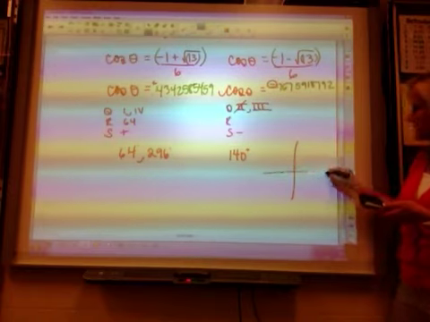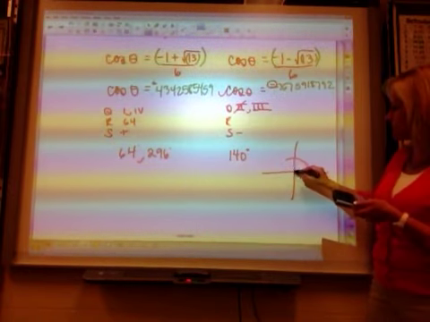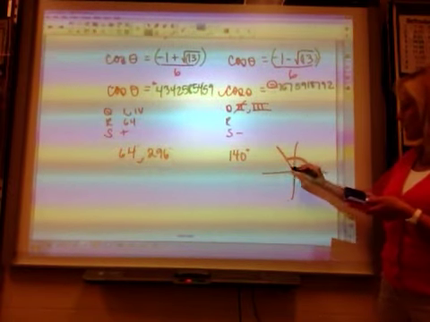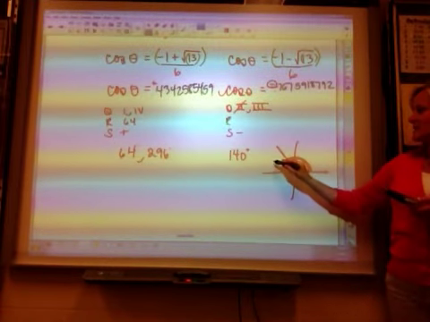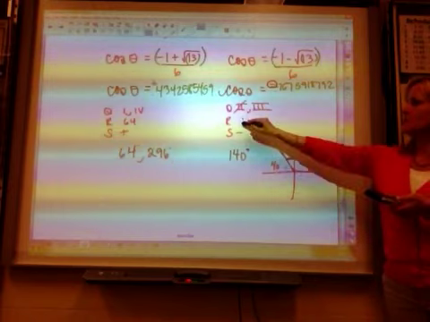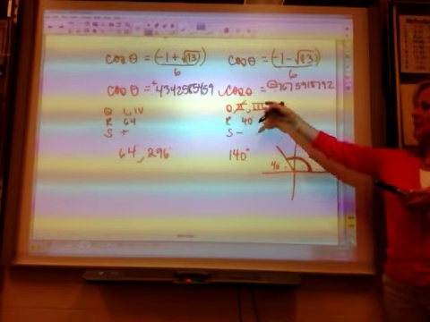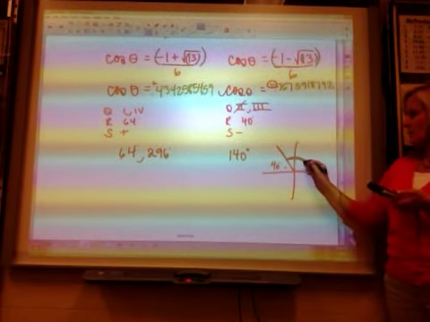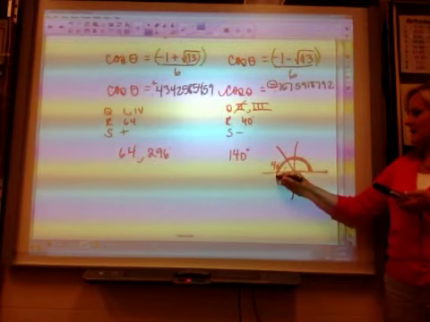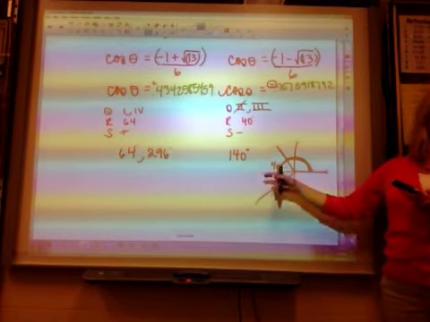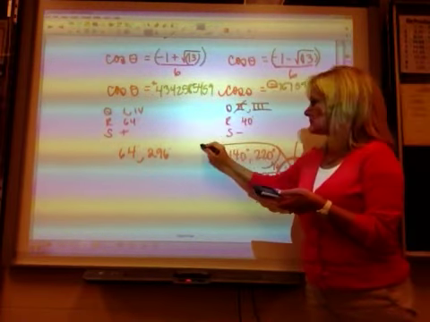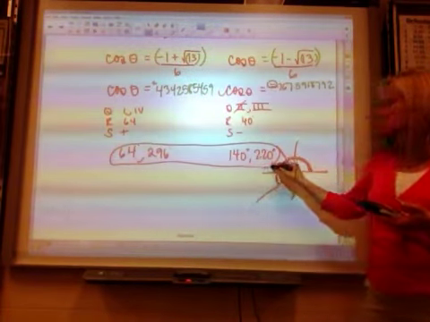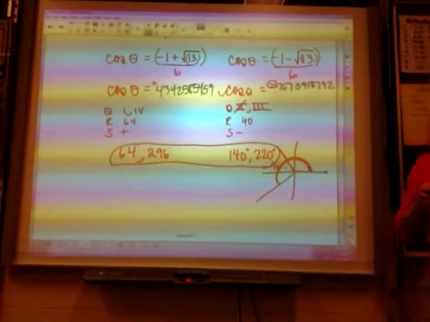Now, if you have 140 degrees in quadrant 2, what is the reference angle? 40. So now we know our reference angle. Now in quadrant 3, go all the way to 180, add on that reference angle. And how much do you have? There you go. Okay. Beautiful.